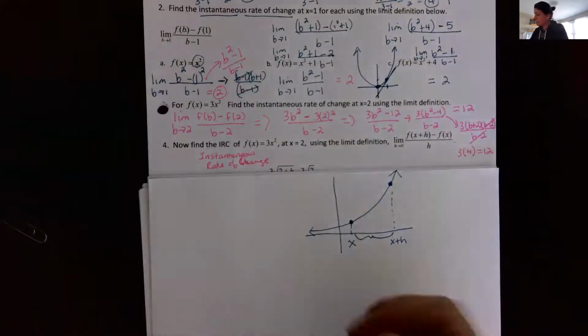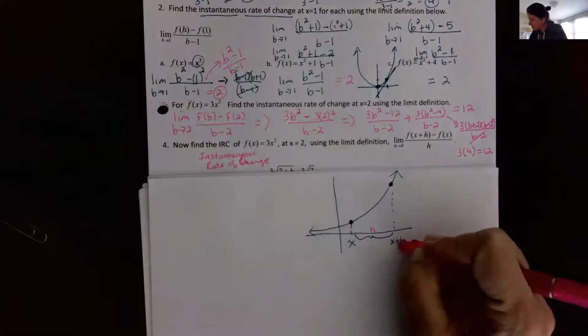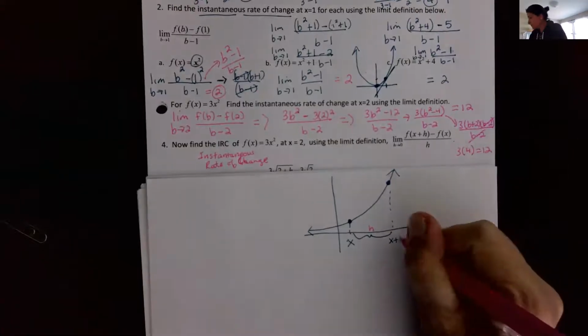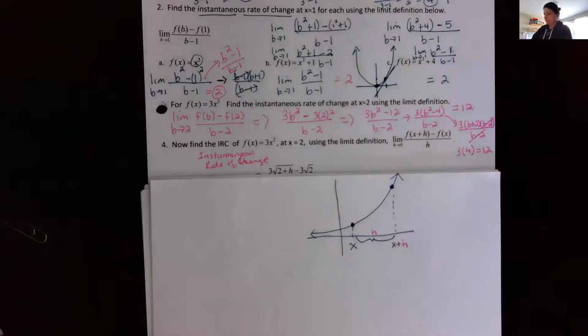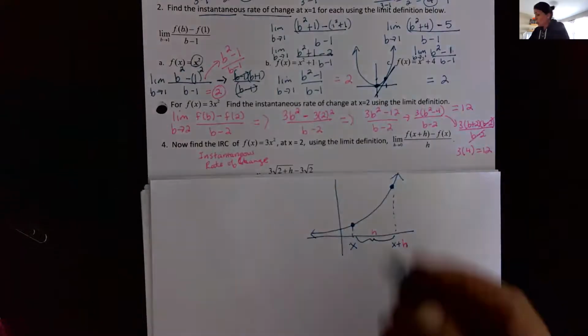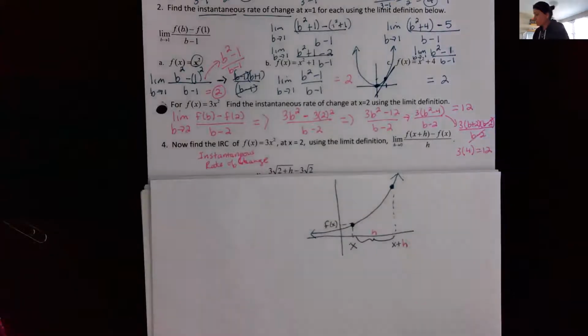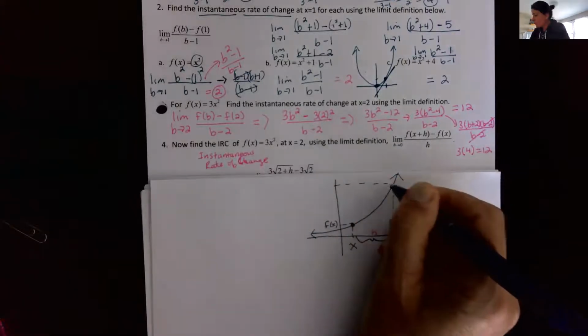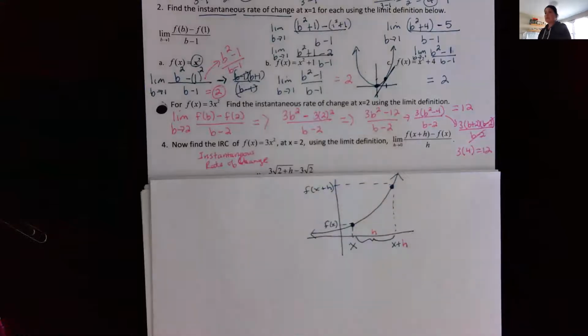We're going to say that the distance between x and this is h. Okay, x with h added to it. Up here, what is my y value here? This is f of x. What would this one be? F of x plus h. Those are my y values.